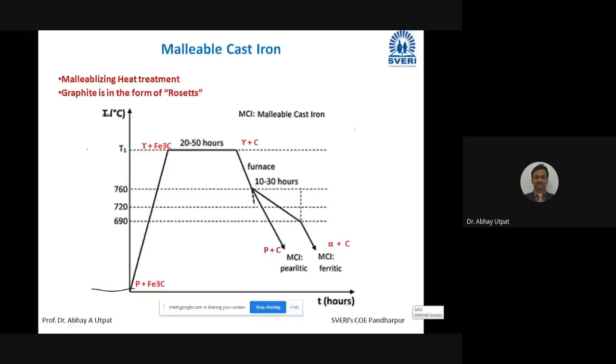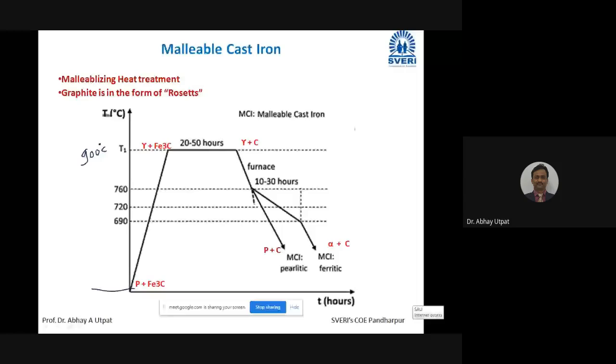This pearlite plus Fe3C structure is heated to a higher temperature, around 900 degrees Celsius, and held there for almost 2 days, 24 to 48 hours; here it is written 20 to 50.